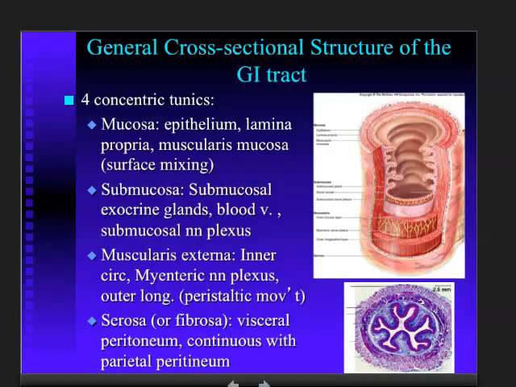That fourth layer doesn't exist in the esophagus because I don't want my esophagus sliding around back there behind the trachea, do I? I want it held in position. So I have instead a fibrosa, which is just some loose connective tissue, cottony, to hold it in place. We call that a fibrosa or an adventitia.